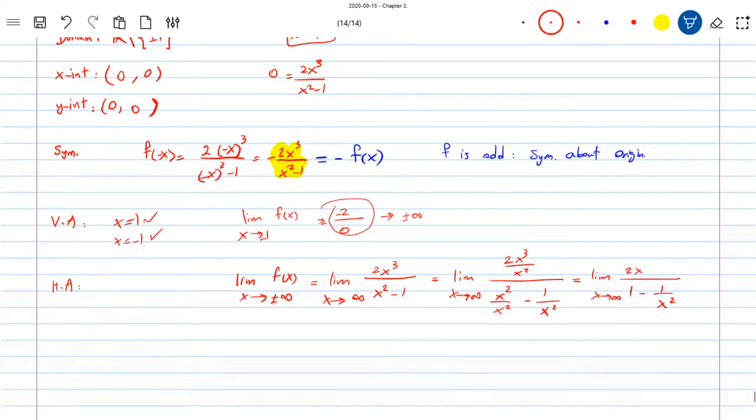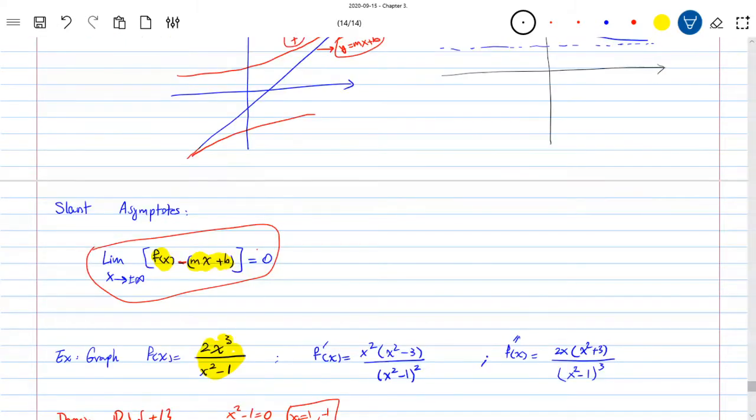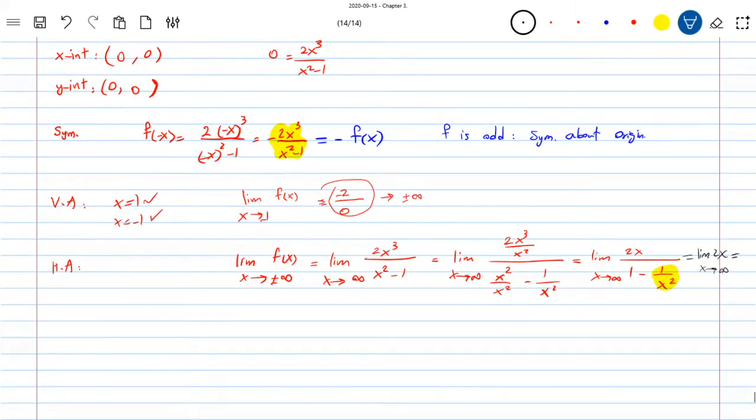As x approaches infinity, this term approaches 0. Then what you have is simply the limit of 2x divided by 1, which is 2x, as x approaches infinity, which is infinity.